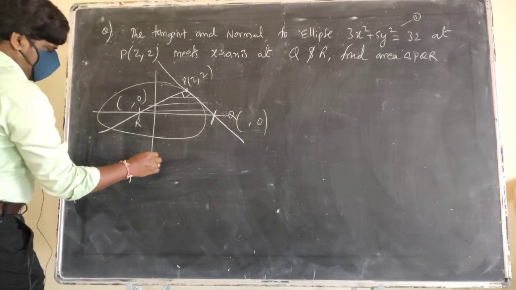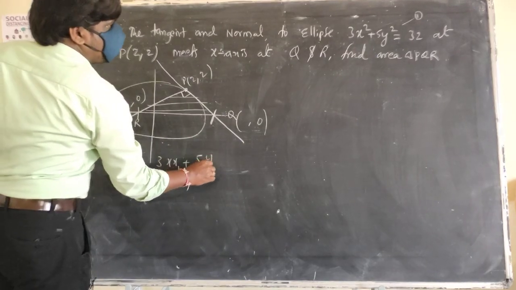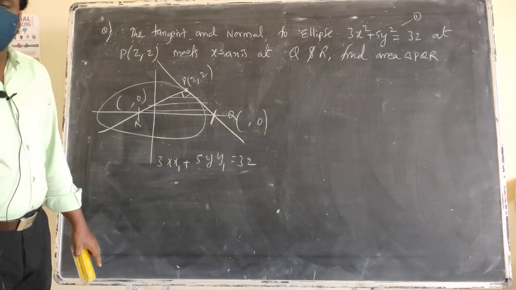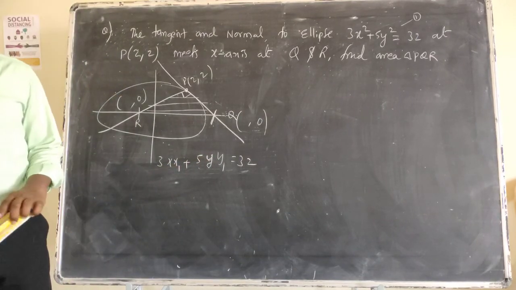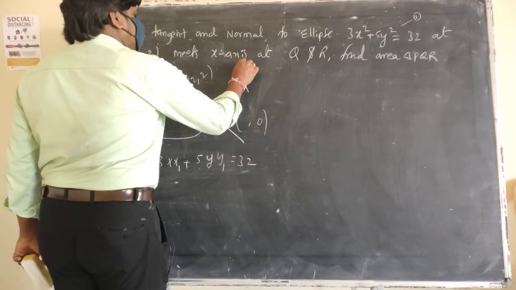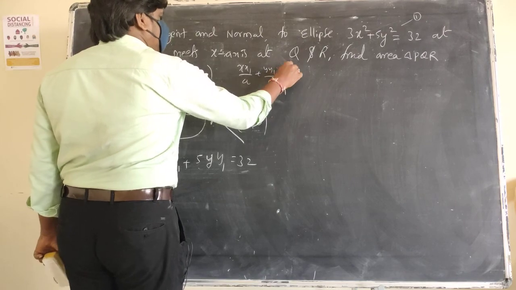What is the equation of the tangent? It is 3x·x1 + 5y·y1 = 32. I can use this. You know the equation of the tangent: x·x1 by a plus y·y1 by b is equal to 1.